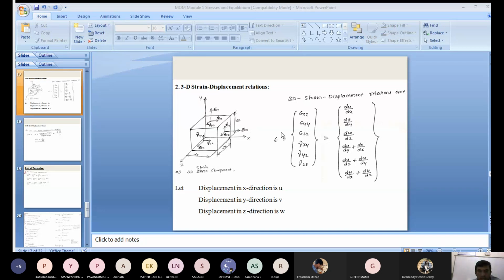Now go for the second one: the deformation in the y axis is dv, and the thickness of the element in the x axis is dx. So gamma xy is equal to du by dy plus dv by dx. Similarly, go for gamma yz and gamma zx.